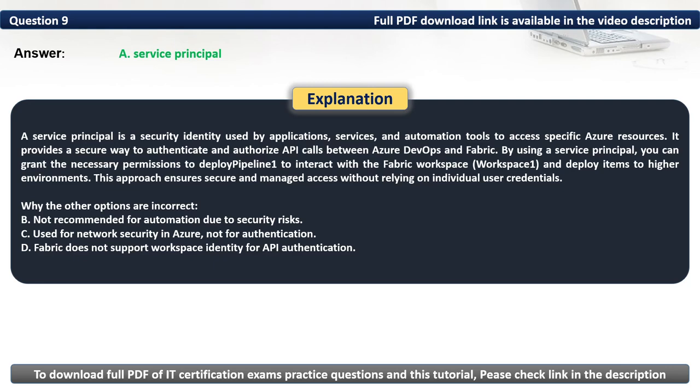By using a service principal, you can grant the necessary permissions to deploy Pipeline 1 to interact with the Fabric workspace and deploy items to higher environments. This approach ensures secure and managed access without relying on individual user credentials.